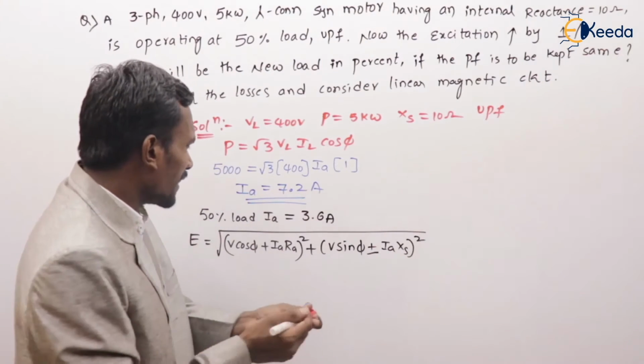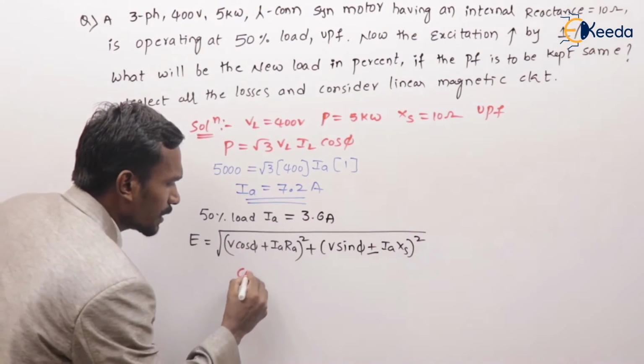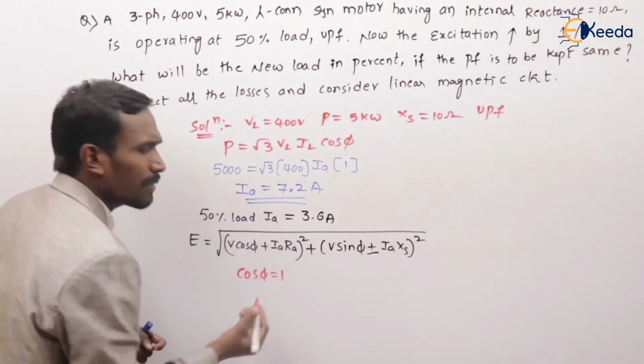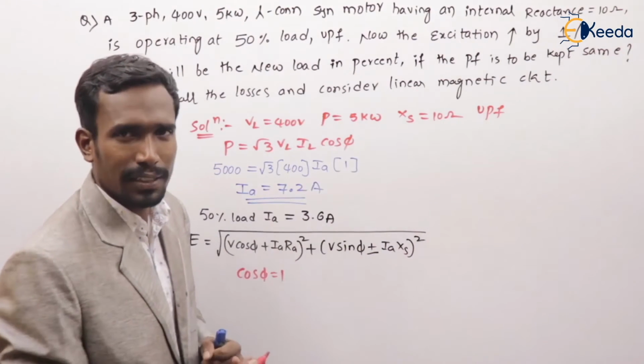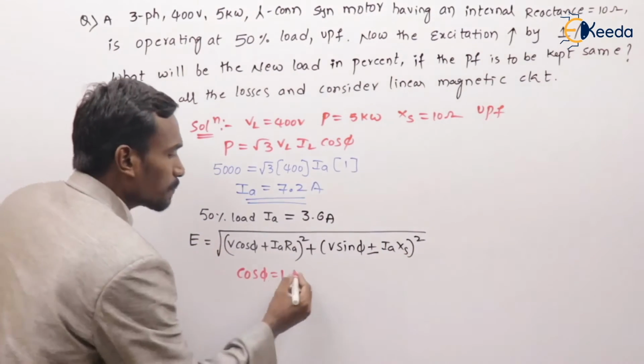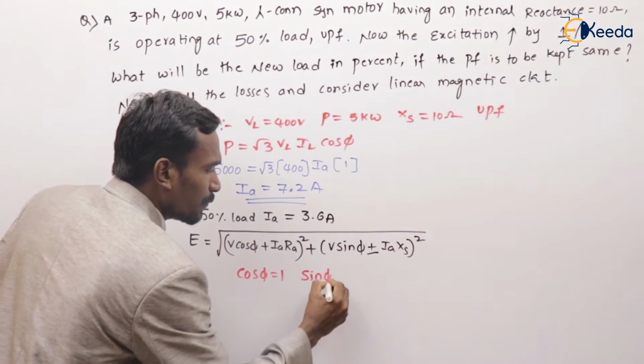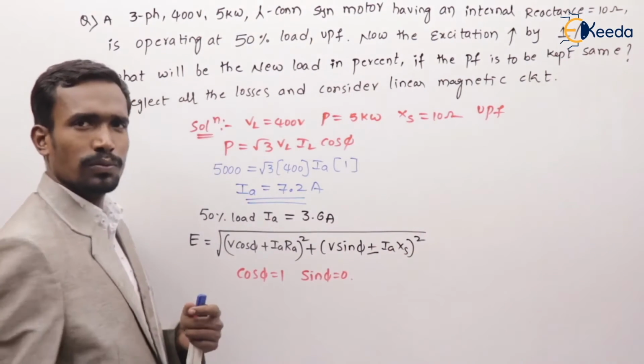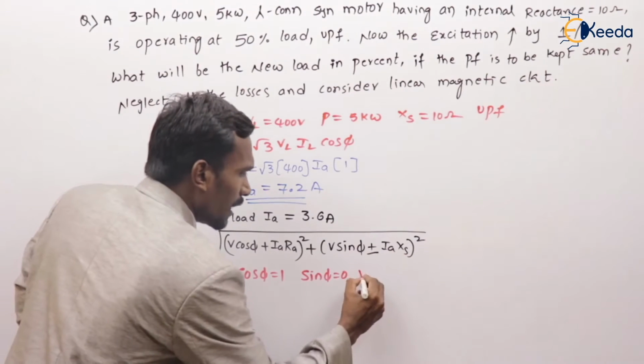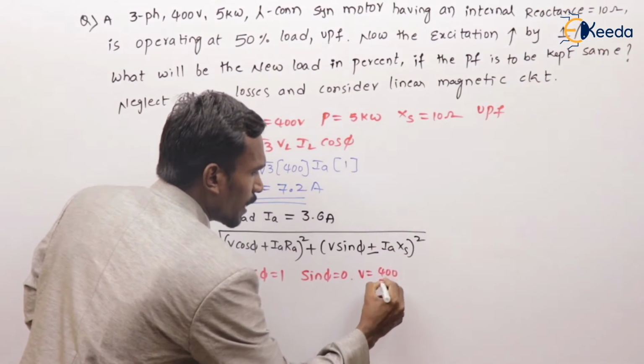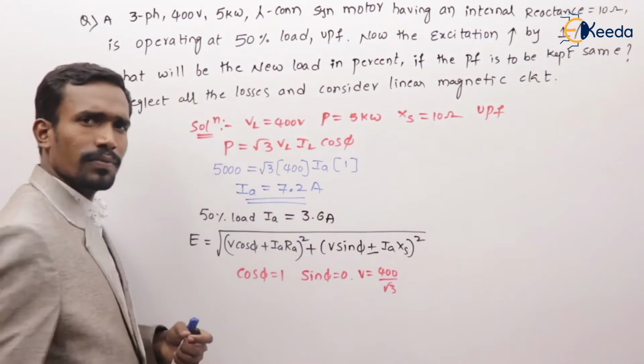Okay, tell me what is cos phi value for my question. Cos phi is equals to 1 because they said unity power factor. If cos phi is 1, what is the sin phi? Sin phi 0. What is the V? V is equals to 400 by root 3.